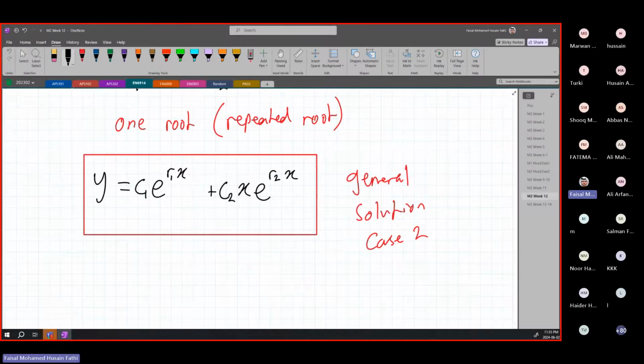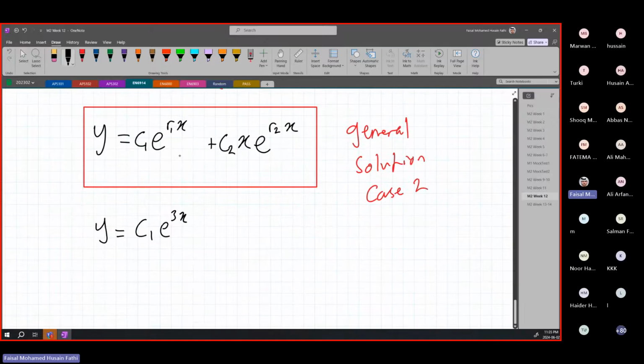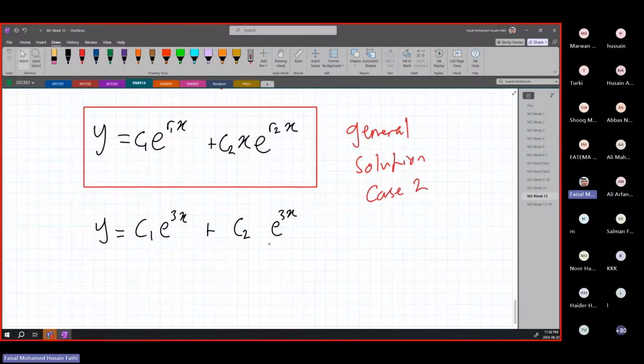For our example, y is going to be equal to c1 e to the power of r1, which is 3x, plus c2 e to the power of 3x. It is the exact same solution, which makes no sense. Therefore, there has to be an x multiplier here. You don't need to know why there is an x multiplier here. You just need to know that it exists. That's all. So for a repeated root, you have to add the extra x over here.